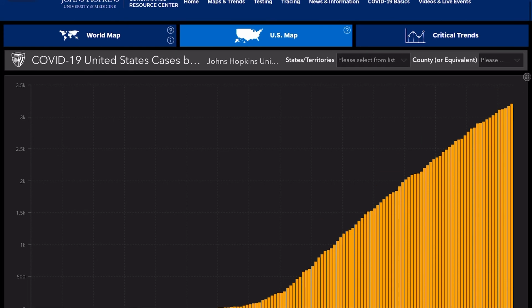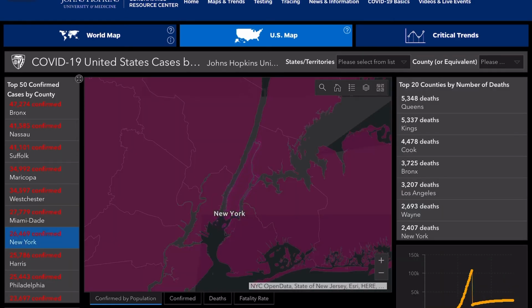So we are still in the first wave, because the trend of the number of deaths should be very, very similar to that of the number of cases. To do a control, we will go for New York.